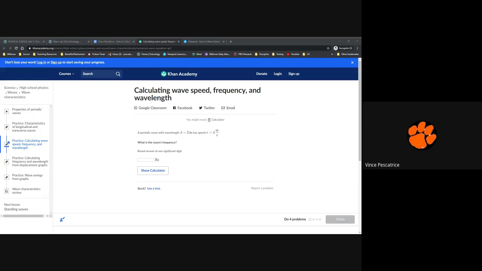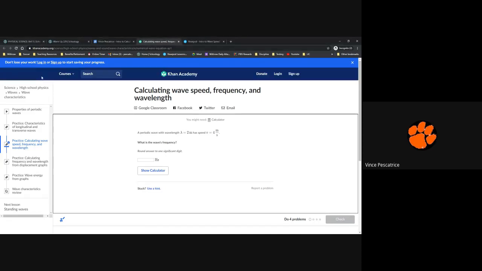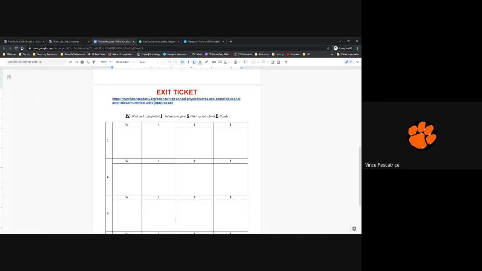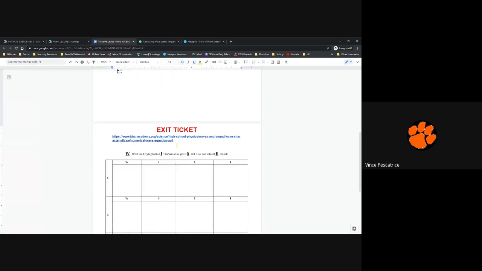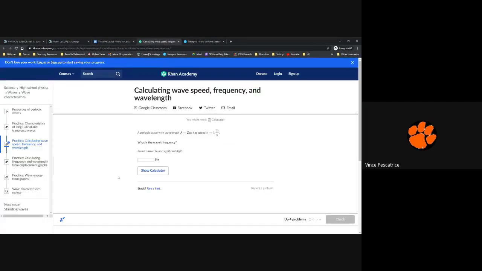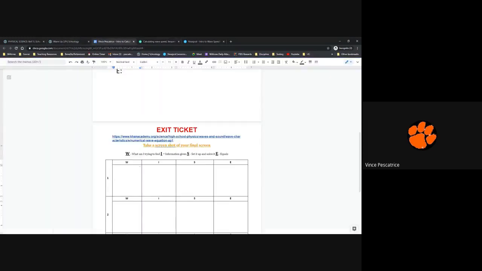Watch my screen, because I'm going to show you how to do it. Down here at the bottom, number 1, W, what am I trying to find? It says, what is the frequency of the wave? I'm going to copy and paste that right there.